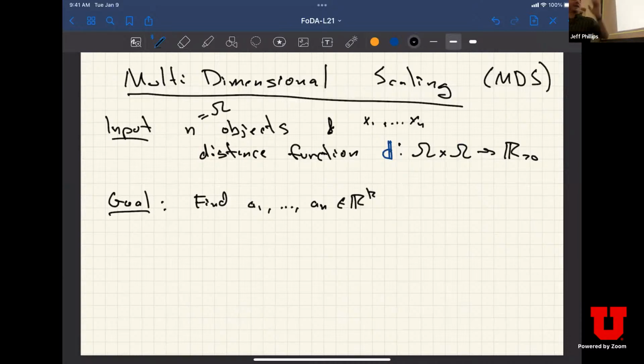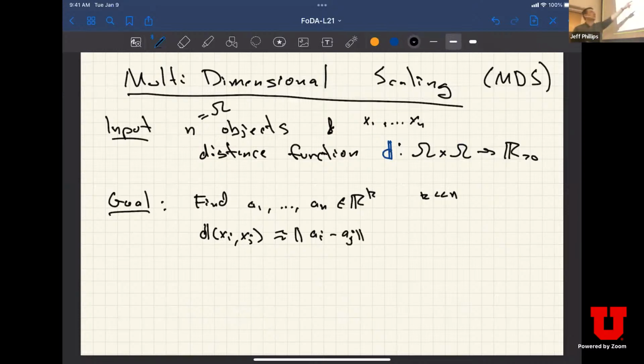Again, usually it's lowercase d. Okay, but so we're given where k, usually k is much less than n. I want to find a low dimensional space. So these are Euclidean vectors, so that the distance between xi, xj is approximately ai minus aj. So now I can use the Euclidean distance on ai on the data set, right?